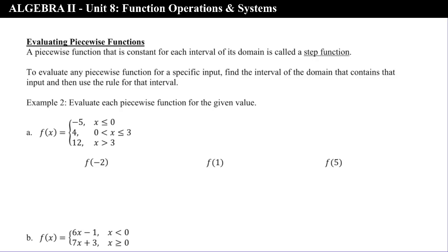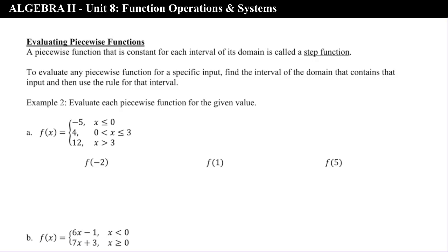Okay, so we've done plenty of graphing of these things. Now let's move on to evaluating piecewise functions, which is considerably easier than coming up with the graph. And it's a lot more practical as well. So to do this, we are going to evaluate the piecewise functions by plugging in the value that is requested for that domain that is requested.